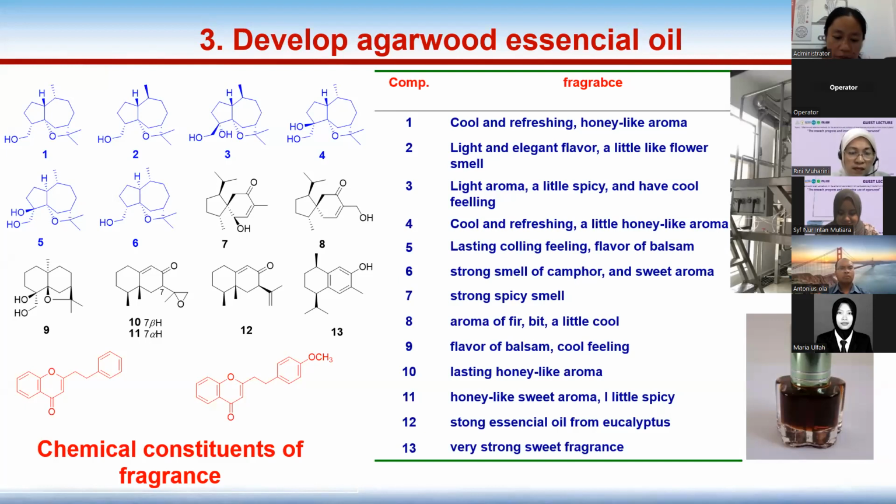After we isolated the compounds, we found some of them have smell. For example, the first compound here shows a honey-like aroma. And all of these compounds have different smells.